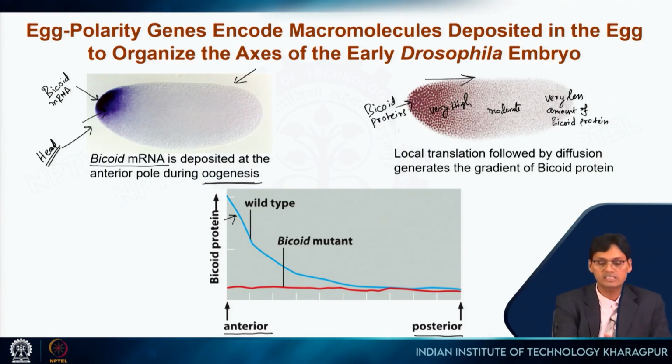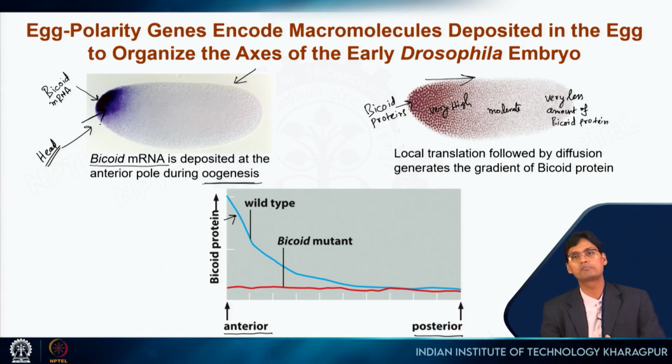That means on this side you have more bicoid protein. So you can see that gradually as we go towards the posterior side, the amount of bicoid protein is getting low.